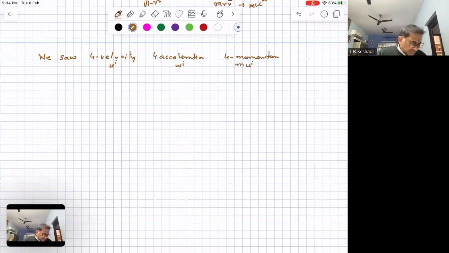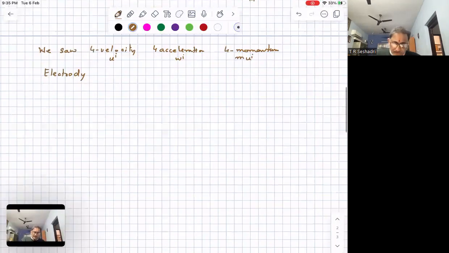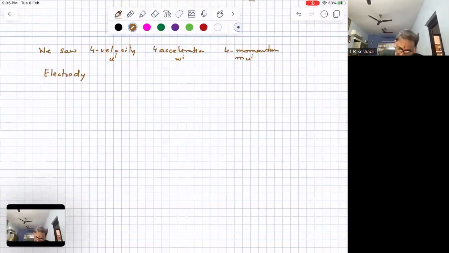Now, when you want to do electrodynamics, in this one I will not prove everything. I will just mention at various points how things are, with the aim to use it finally in GTR. Okay. So we do electrodynamics, and the first quantity we have here is called the four potential.